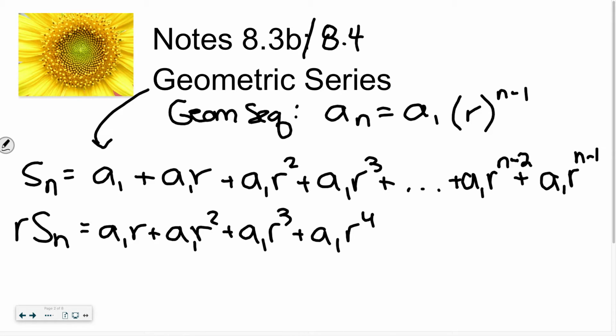These all got an extra r. I'm going to do plus dot dot dot. Now this one was n minus 2, but it gets an extra one, so now it's n minus 1. And this one was n minus 1, it gets an extra r, so now it's r to the n. So we're at a sub 1 r to the n.